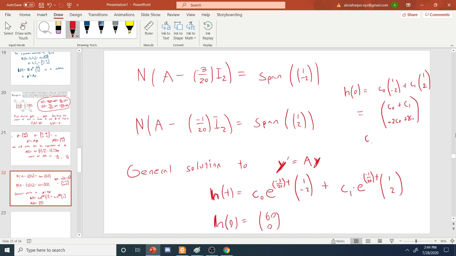And so what we're demanding is c naught plus c1 is equal to 60, and negative 2 c naught plus 2 c1 is equal to 0.